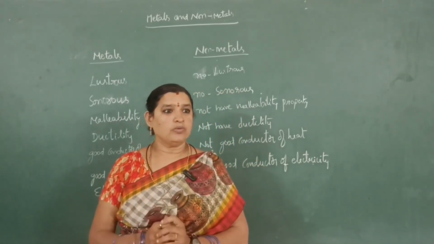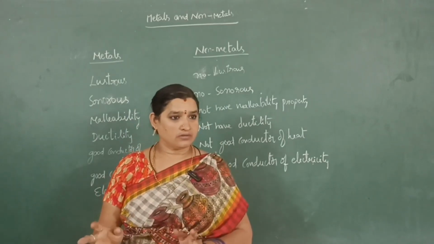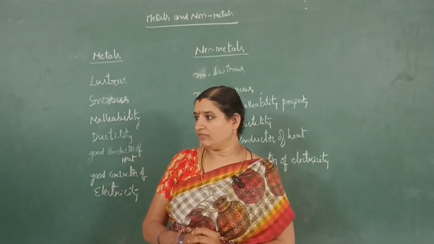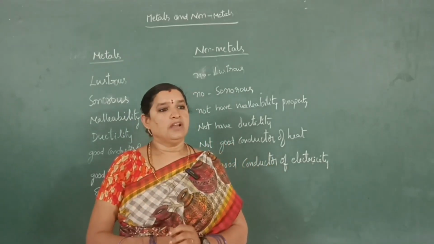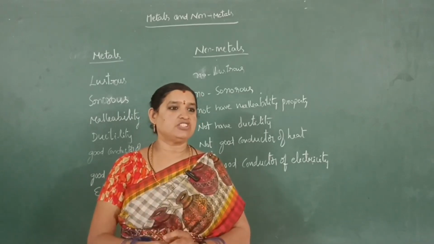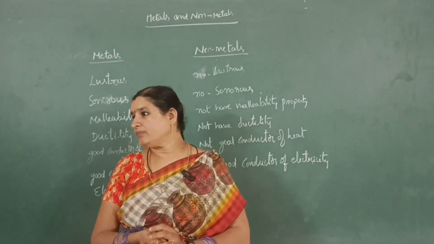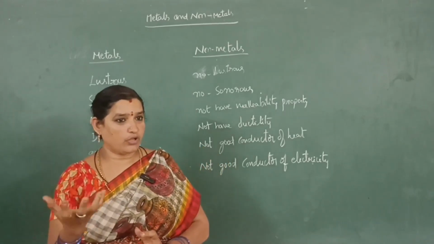The stove is mostly made up of either steel or iron, and the utensils we use are maybe steel or aluminium foils, made up of aluminium.